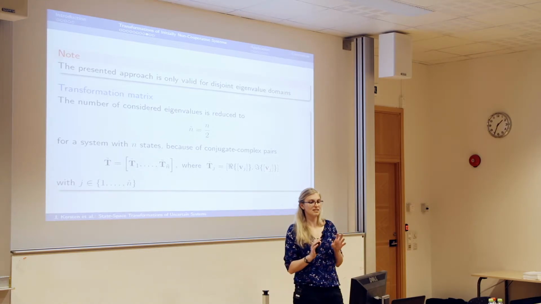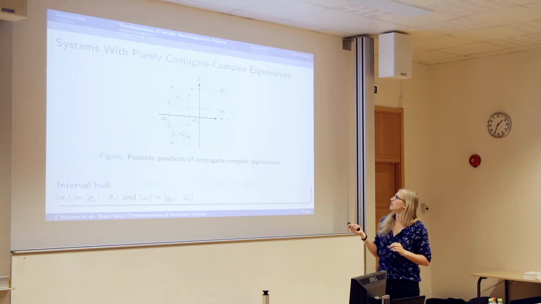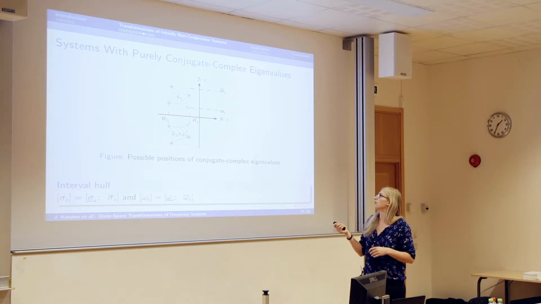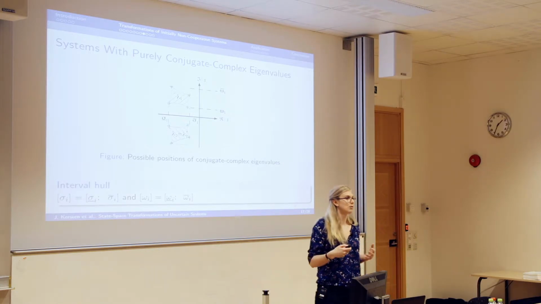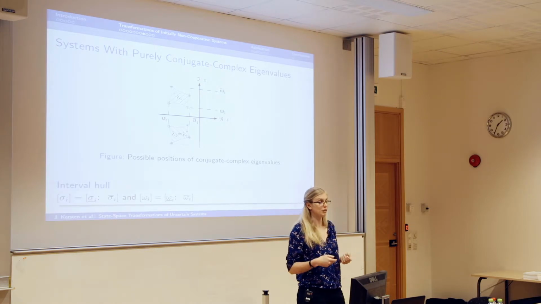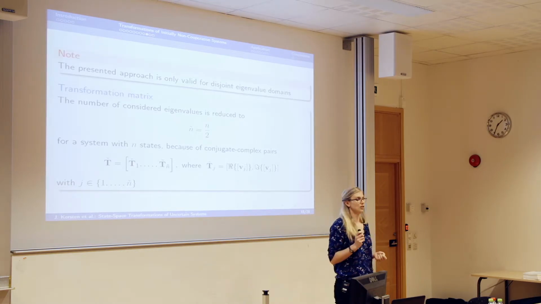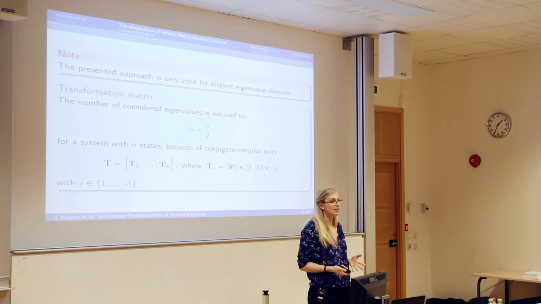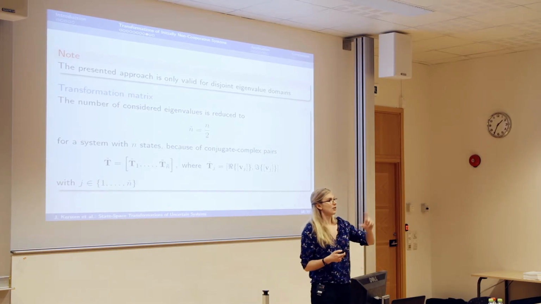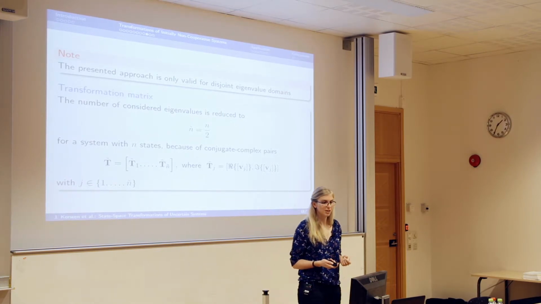This is quite important too, because those eigenvalues need to be disjoint. Why? It's quite easy: if they would overlap, we would not know the worst case bounds of the separate eigenvalues. So this just holds for disjoint eigenvalues. The number of the eigenvalues to be considered is reduced as well because of the conjugate complex pairs. So these are just some minor preliminaries.